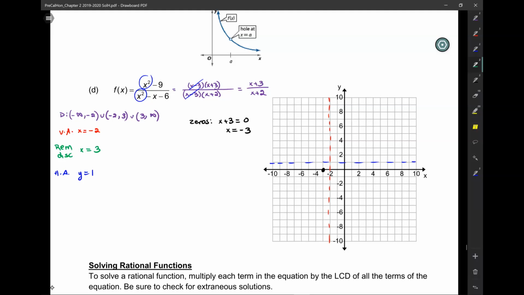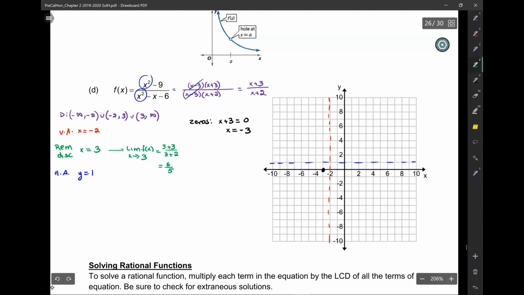The way we go around it is we can use a limit. So that's the notation that we can use. So I can say the limit of f of x as x approaches 3 is 3 plus 3 over 3 plus 2, 6 over 5.